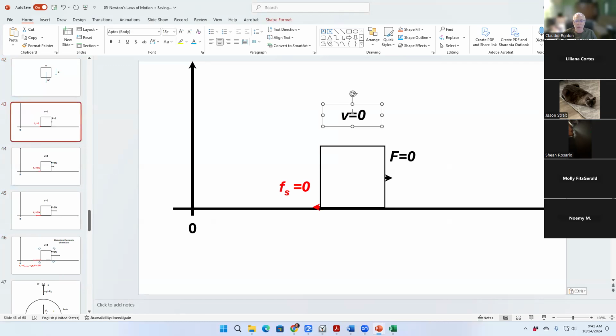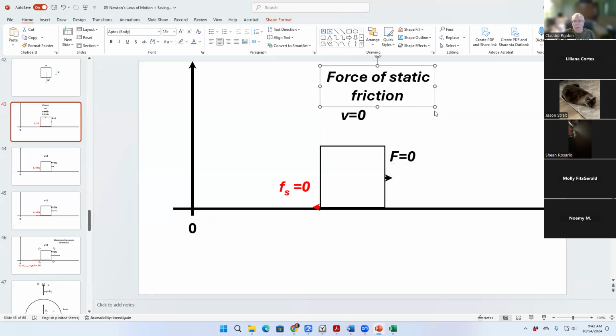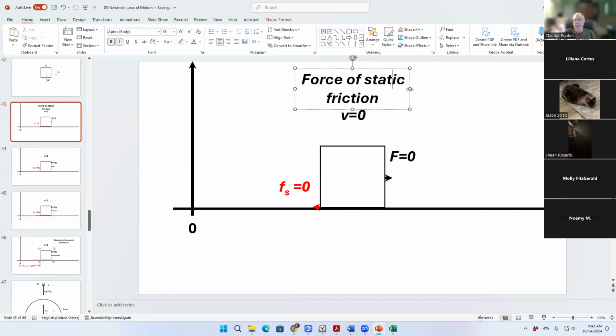We're going to start with the force of static friction. Okay, like that.